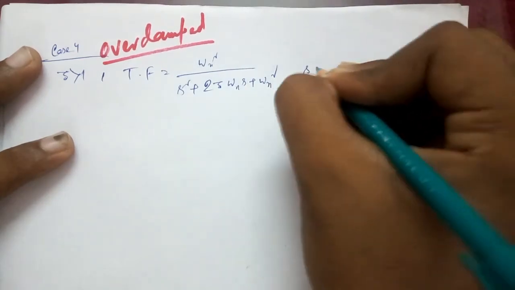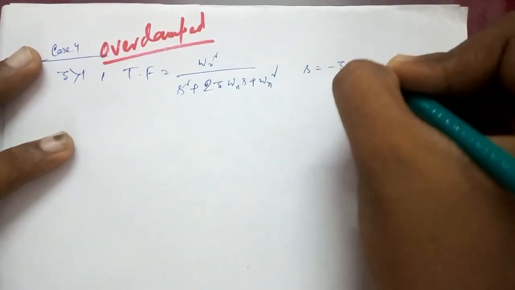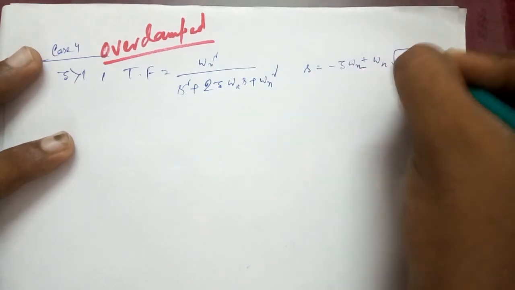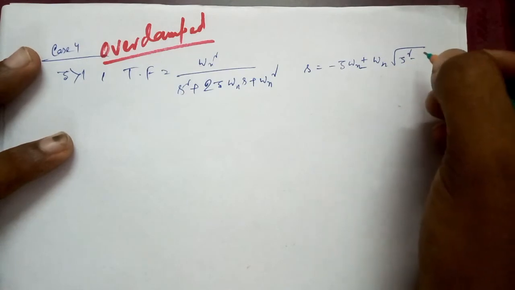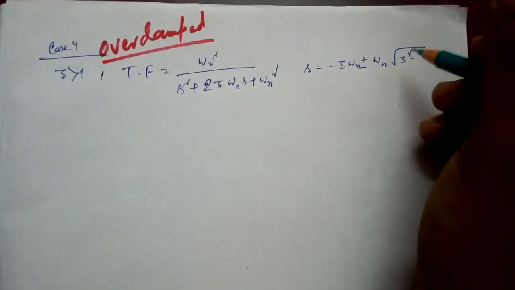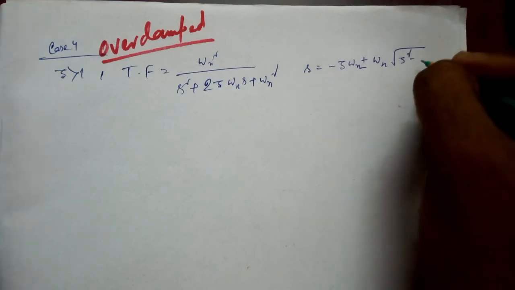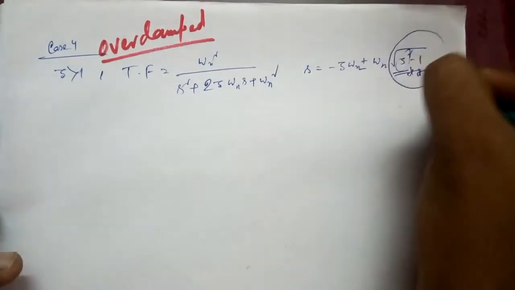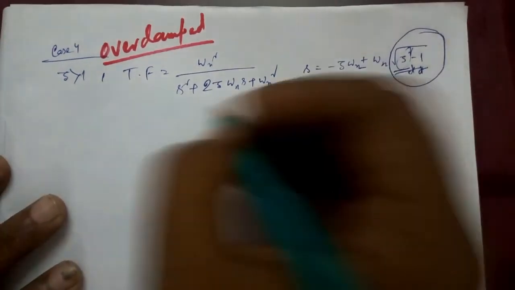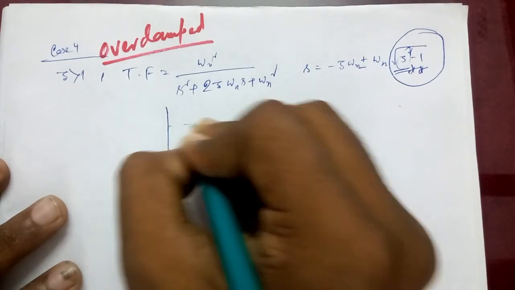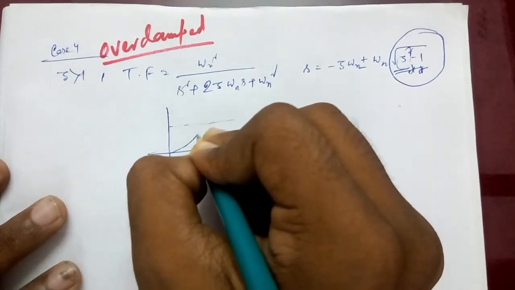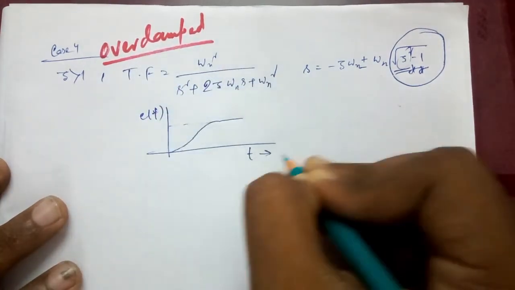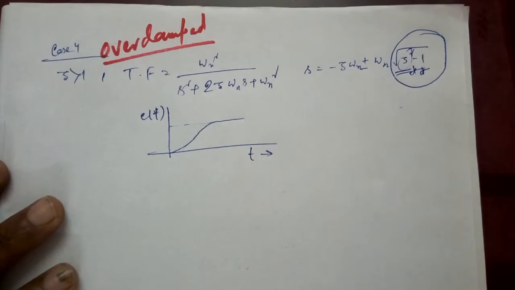In this case, the value of s will be minus zeta omega n, the same as the previous condition, but inside the root it will be zeta square minus 1, as zeta is greater than 1. This part is very important. Always remember this. In this case, the response will look like this. Just remember that this is enough for your exam.